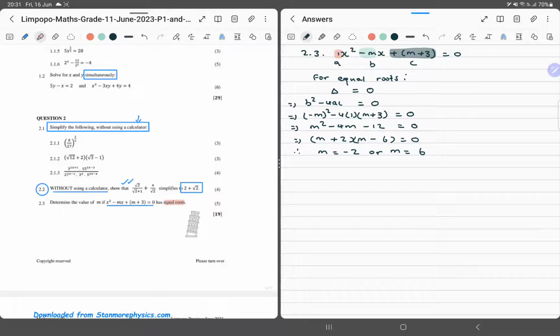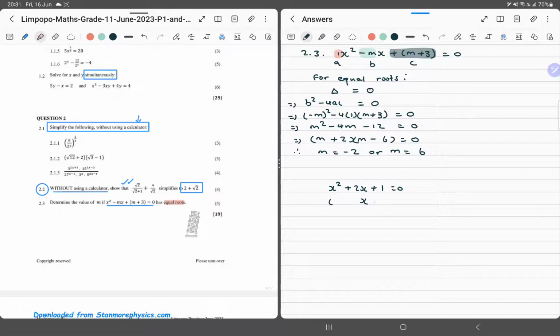So now what do we do? It is important to check if these are correct. So for example, we substitute minus 2 there, so it becomes a plus 2. So our expression becomes x squared plus 2x plus, so minus 2 plus 1, plus 3 is a 1.